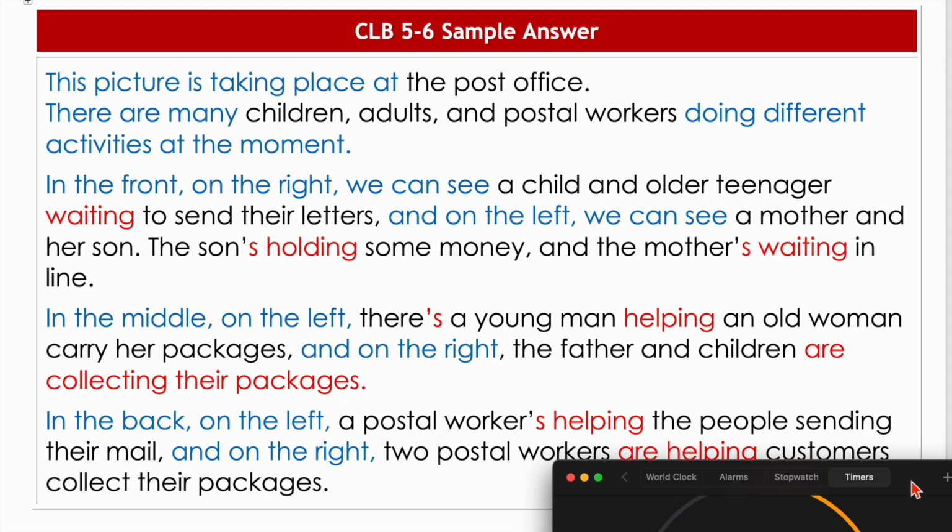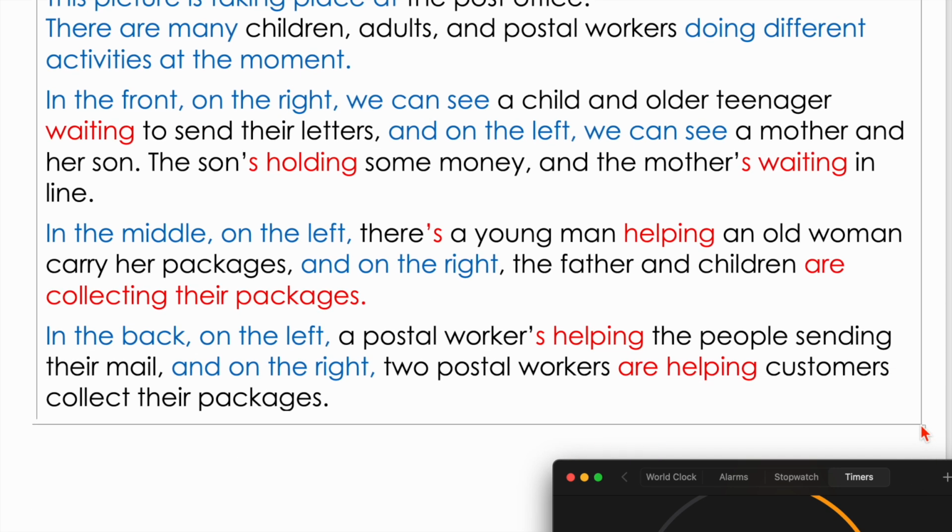In the middle on the left, there's a young man helping an old woman carry her packages. And on the right, the father and children are collecting their packages. In the back, on the left, a postal worker's helping the people sending their mail. And on the right, two postal workers are helping customers collect their packages.